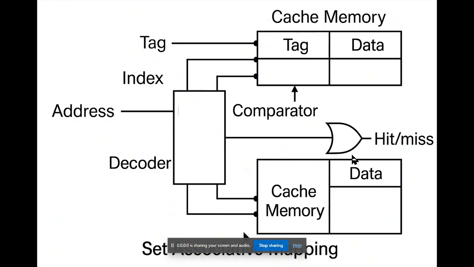Then data retrieval is done. If the tag matches and the valid bit is set, it's a hit and the cache data is retrieved. If there is no match, which is a miss, the data is fetched from the main memory and written into one of the blocks according to the replacement policy.